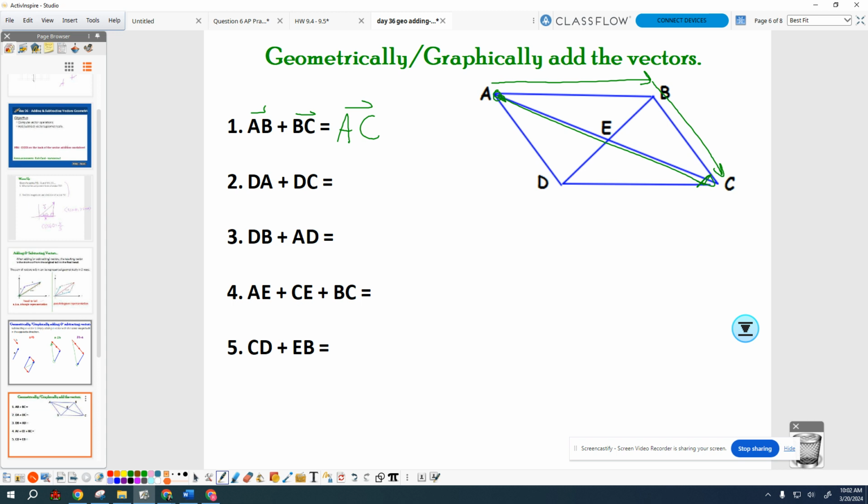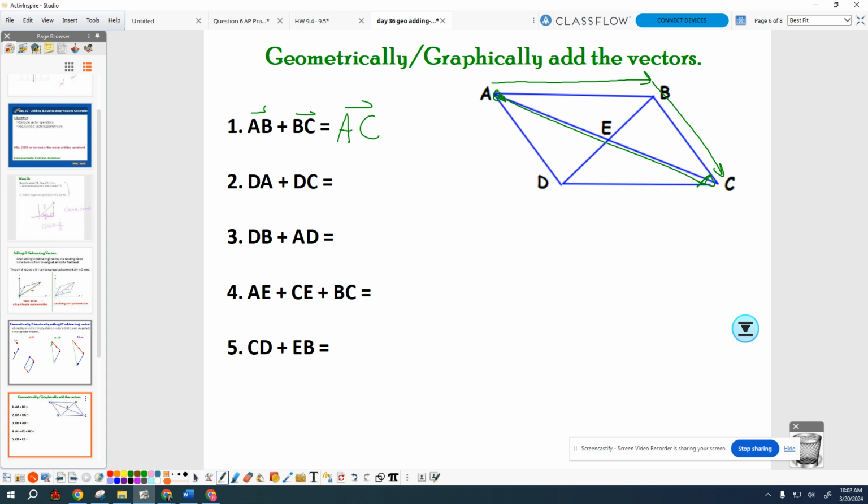DA. Write it down, draw the picture, draw the parallelogram. Is it just DA plus DC? No, it's two different sides, two different directions. Is it just A to C again? I think it's just DC.